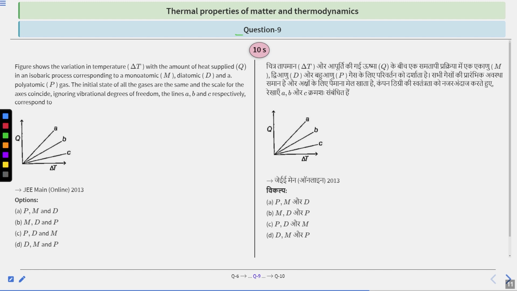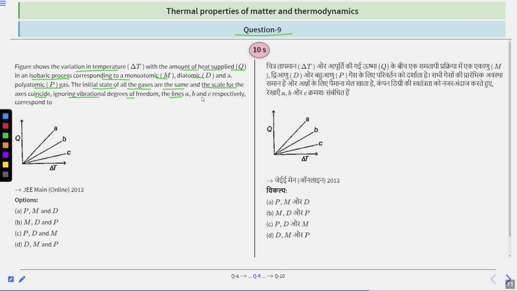Question 9. The question is: the figure shows the variation in temperature delta T with the amount of heat supplied Q in isobaric processes corresponding to a monoatomic gas M, a diatomic gas D, and a polyatomic gas P. The initial state of all the gases is the same and the scales for the axes coincide, ignoring vibrational degrees of freedom.